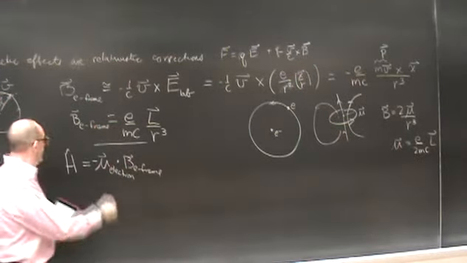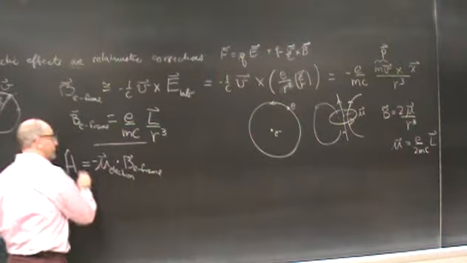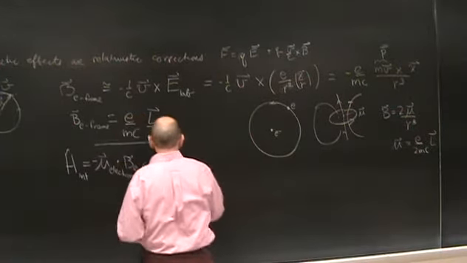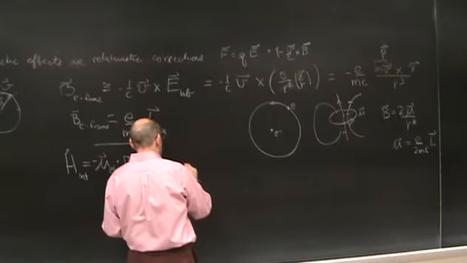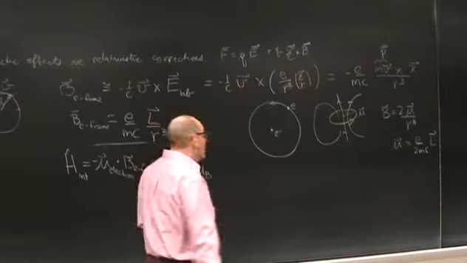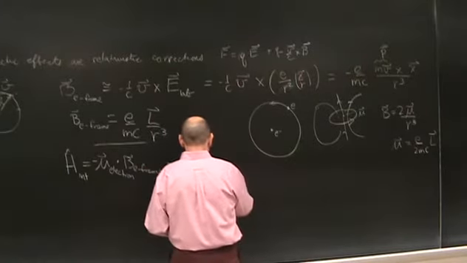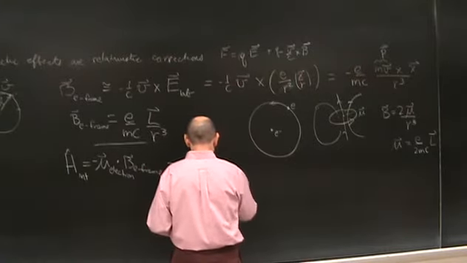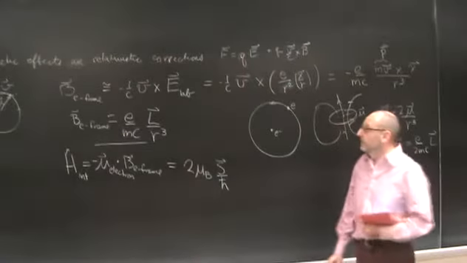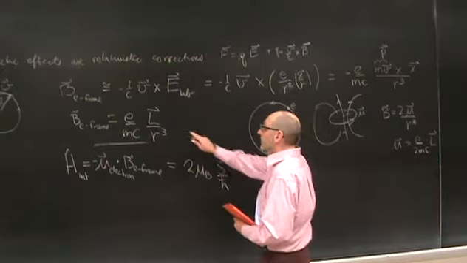Okay, so that's the interaction energy. And that is equal to the mu of the electron, which is minus twice the Bohr magneton times the spin of the electron in units of h bar, dotted into this.